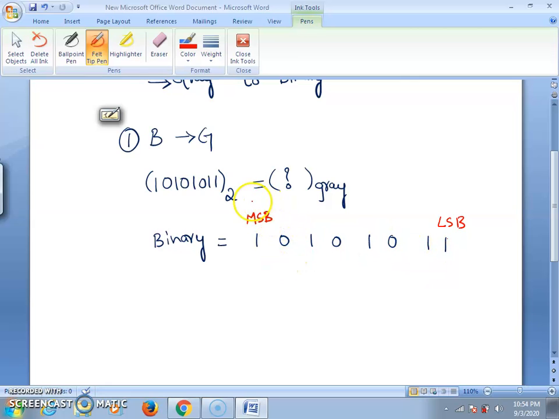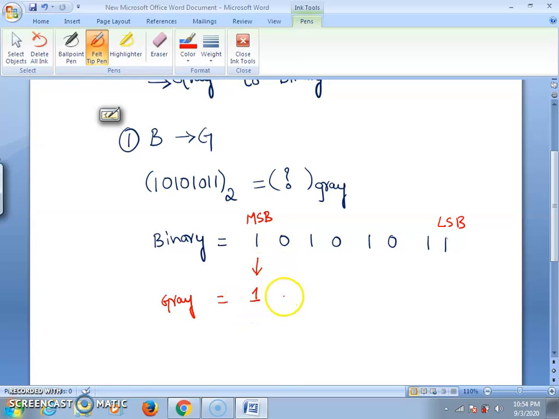After identifying the MSB, the first step is to write the MSB of binary as it is in the gray code also. Here MSB is 1 and I am copying this MSB as it is in gray code.